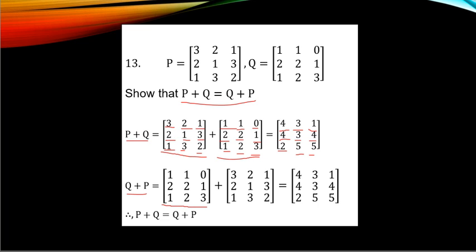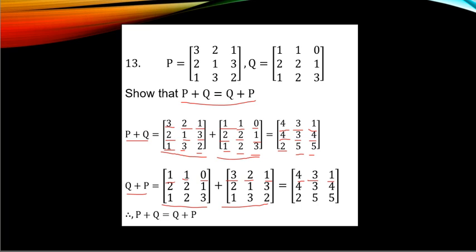Matrix Q followed by plus matrix P. If you add element by element, you have 1 plus 3, that is 4. 1 plus 2, that is 3. 0 plus 1, that is 1.